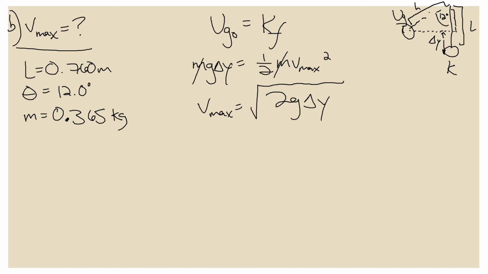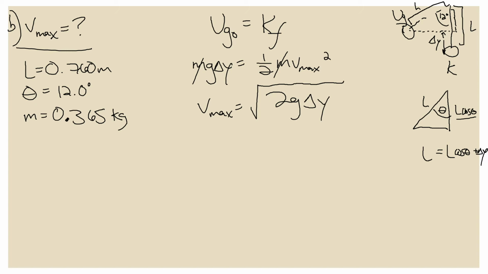Now, if you look at this part of the diagram, which I'll blow up here just for the purposes of our discussion, this is our angle here, this is the length, and this is the side we're really interested in. Because this side of the triangle is the side adjacent to the angle, that's going to be L cosine theta. So basically what we're saying is that this whole length, L, is L cosine theta plus the height.